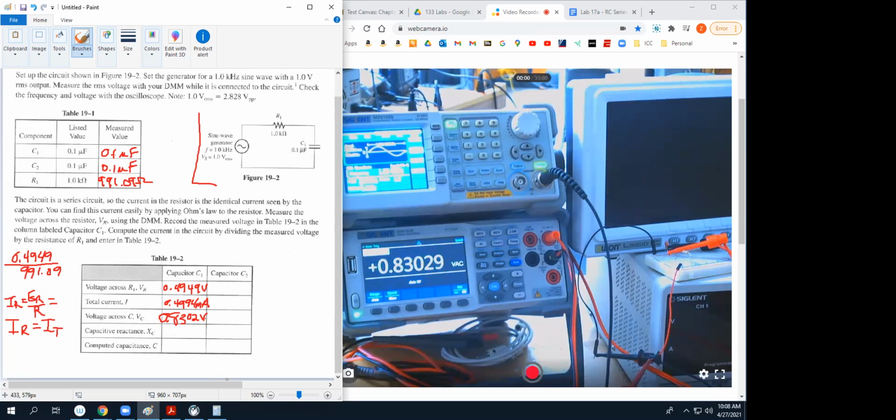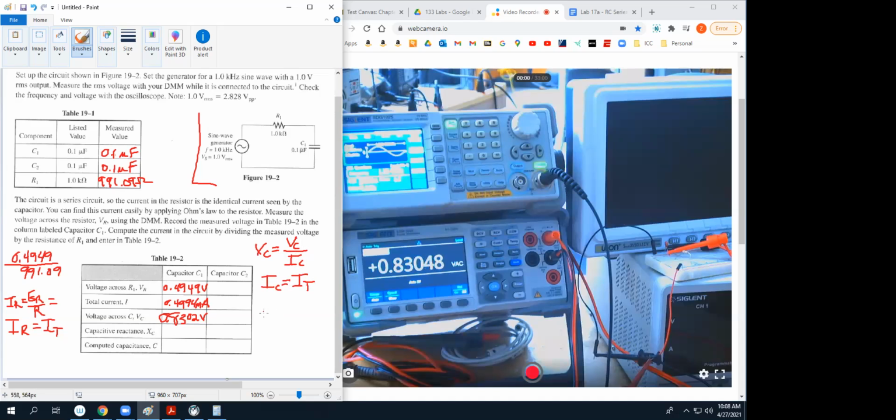So in procedure number 4, it says solve for capacitive reactance, which is the voltage that we just found divided by the current. X sub C equals V sub C divided by I sub C. I sub C is just equal to the total current.